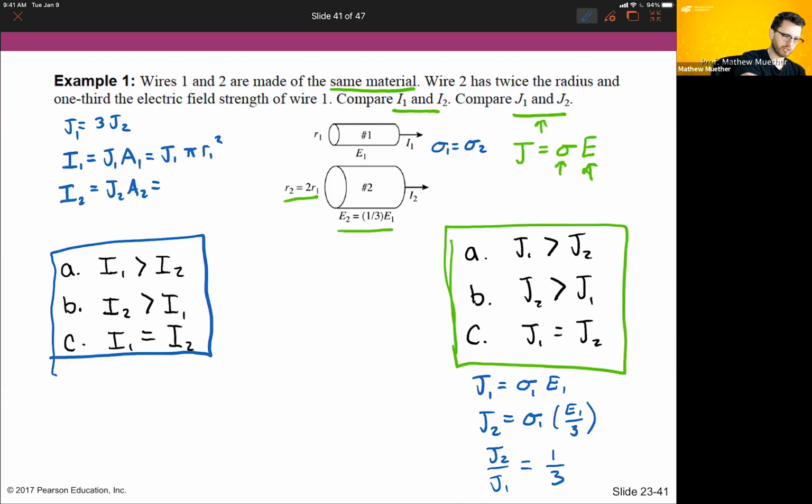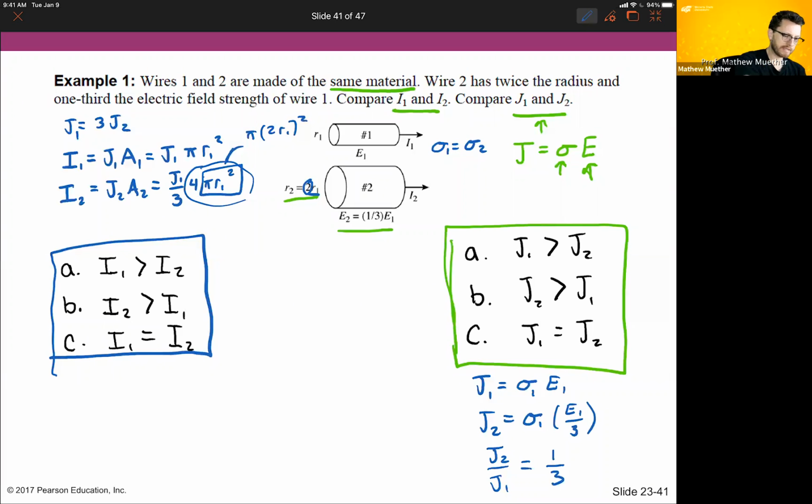What about this? Well, J2 we just established is equal to J1 over 3, a third of J1. But now the diameter is twice as large here. So this thing is going to be like 4 times pi R1 squared. I get a factor of 4 coming out because this whole thing is like pi times twice R1 squared, and I can pull the factor of 4 out.